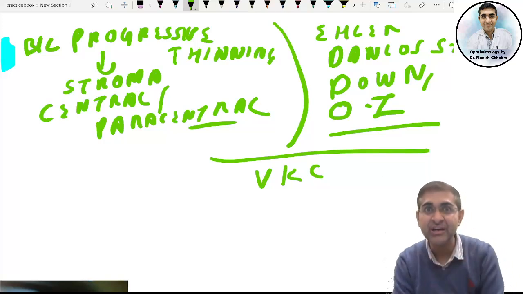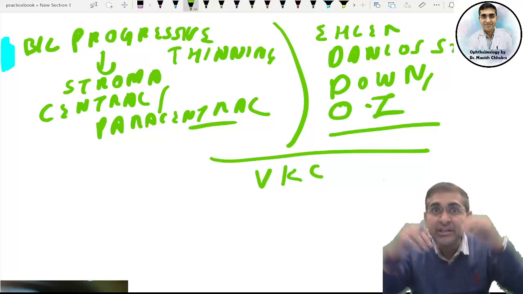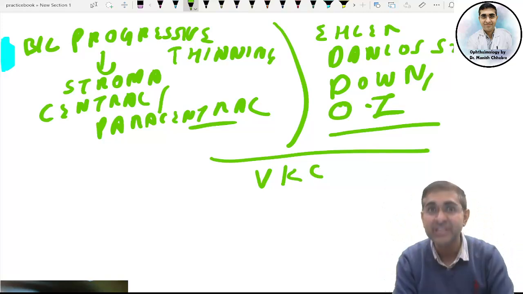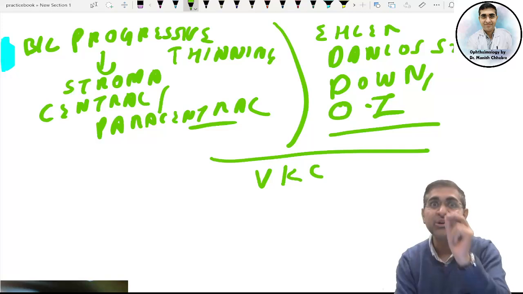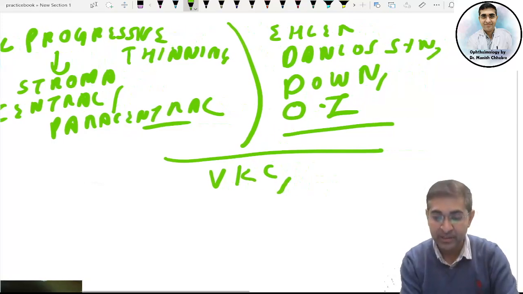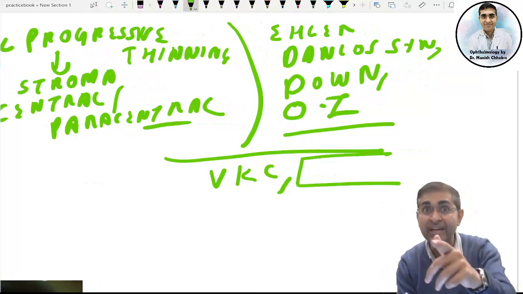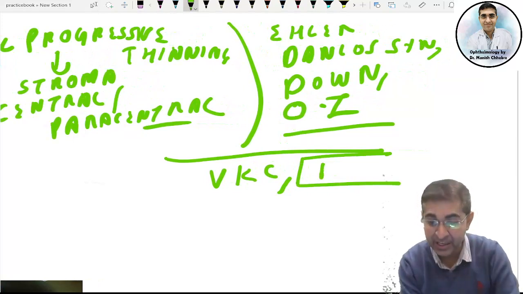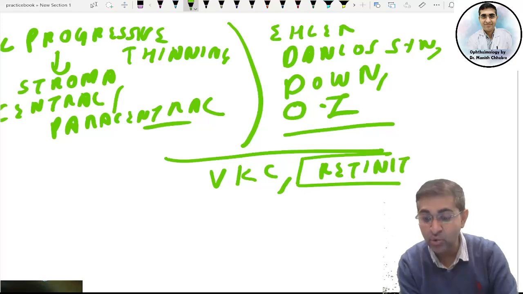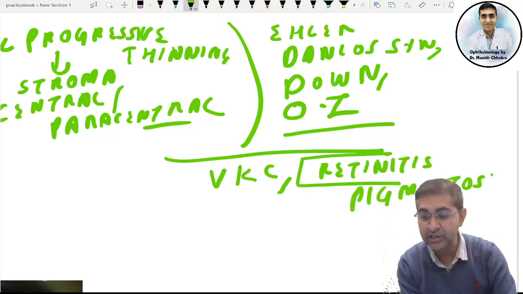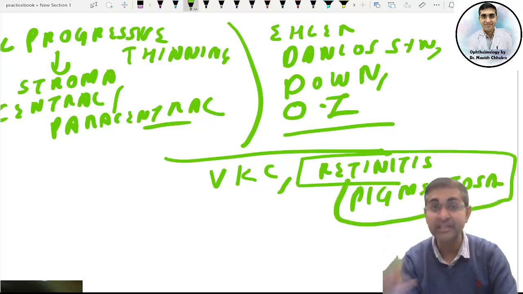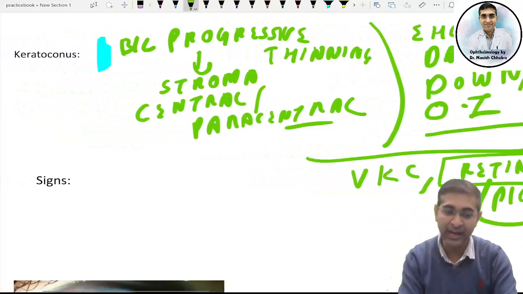It is allergic, so when there is itching, the patient constantly rubs his or her eyes, which actually leads to corneal stromal thinning. Another important condition, which may be sporadic or may be hereditary, is retinitis pigmentosa. These are the conditions which are commonly asked in relation to keratoconus.